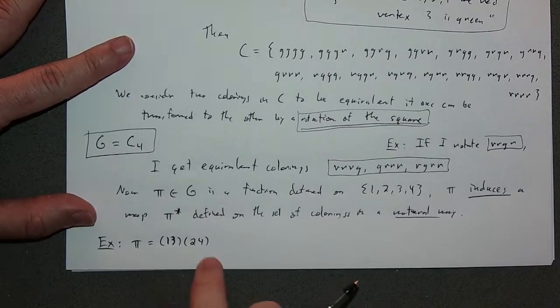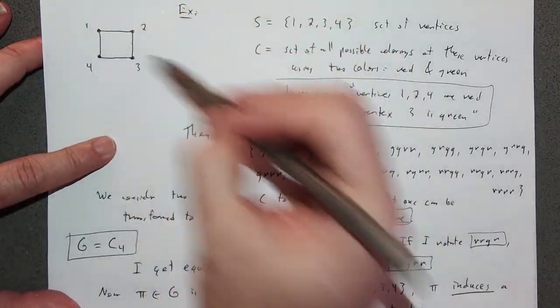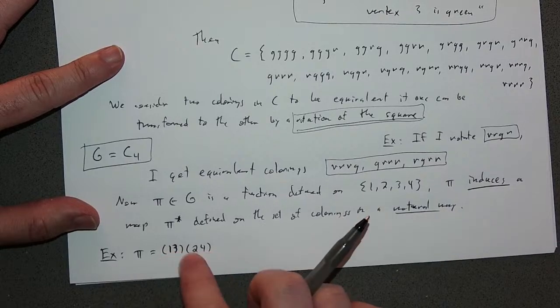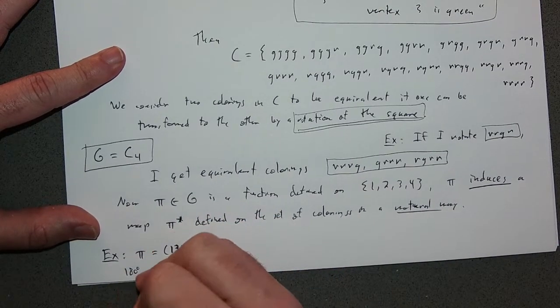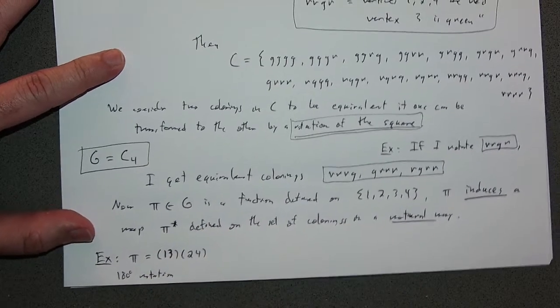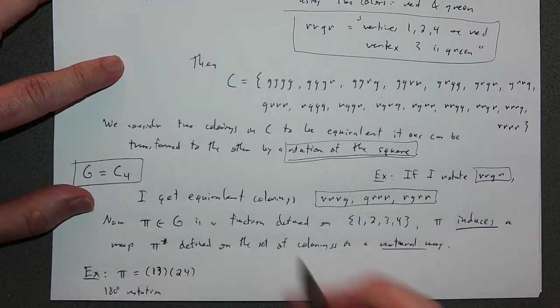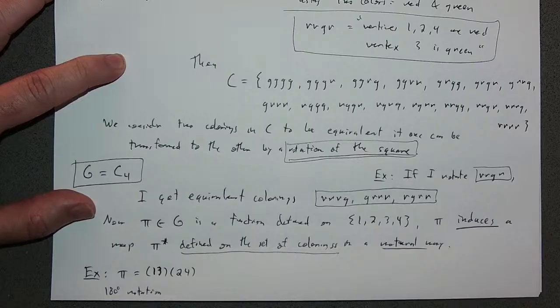Okay, so 1 goes to 3, 2 goes to 4. So you saw how in our picture that is a 180-degree rotation. Okay, 1 goes to 3, 3 goes to 1, 2 goes to 4, 4 goes to 2. It's a 180-degree rotation. What is the map on the colorings? So I said defined on the set of colorings. What is the map that I get from this?